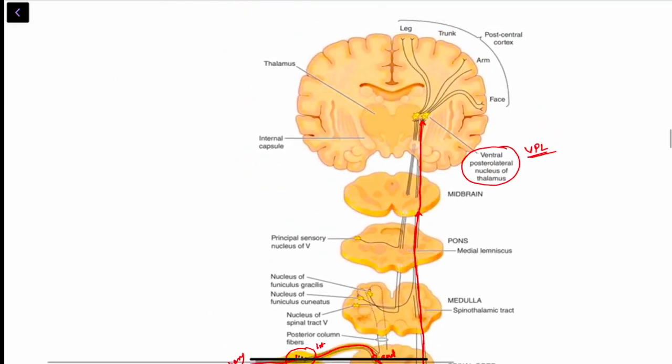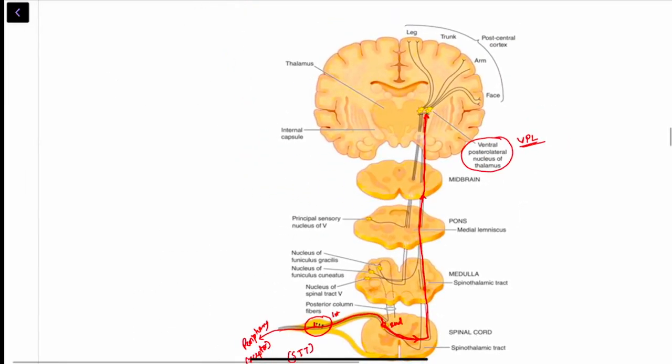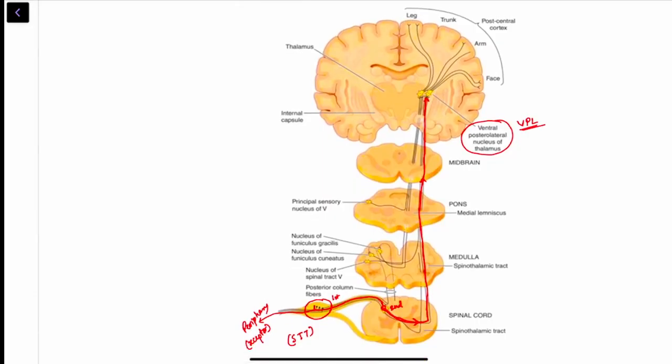Let me zoom out a little so that you can see from where the nerves are traveling. From the periphery, they will relay in the spinal cord. From there they will cross to the opposite side at the same level. Then this neuron will travel up to the thalamus, passing through the whole of the spinal cord, through the medulla, through the pons, then to the midbrain, then to the ventroposterolateral nucleus of thalamus.